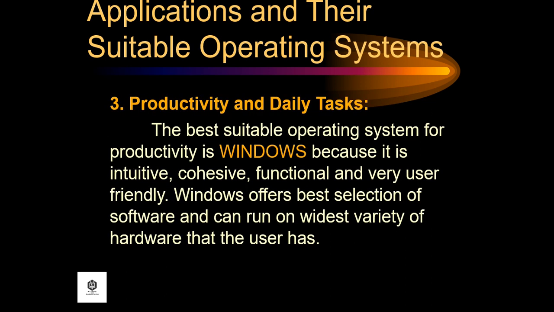Number 3, productivity in daily tasks. The best suitable operating system for productivity is Windows because it is intuitive, cohesive, functional, and very user-friendly. Windows offers the best selection of software and can run on the widest variety of hardware that the user has.